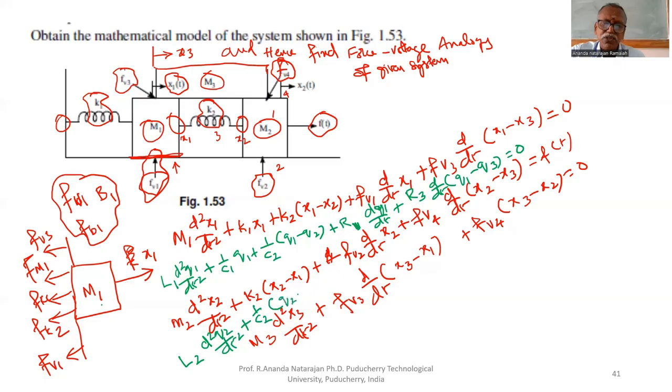We have to reverse that: q2 minus q1 plus fv2. fv2 is r2 dq2 by dt plus fv4. fv4 is what? r4 d upon dt of q2 minus q3 equal to v of t, the applied voltage.